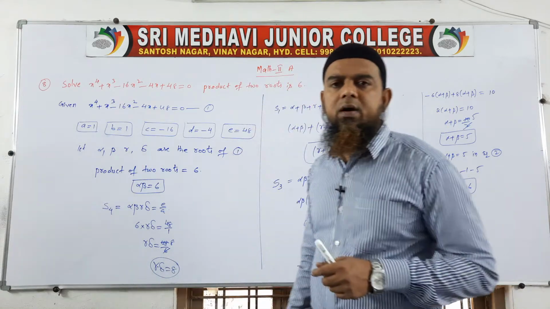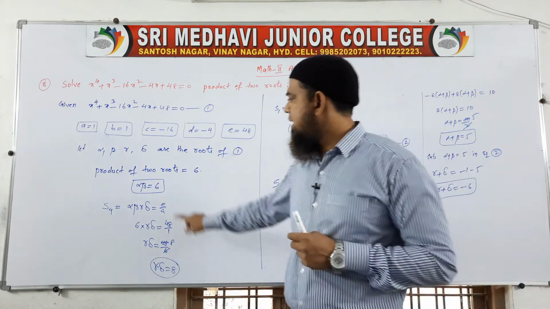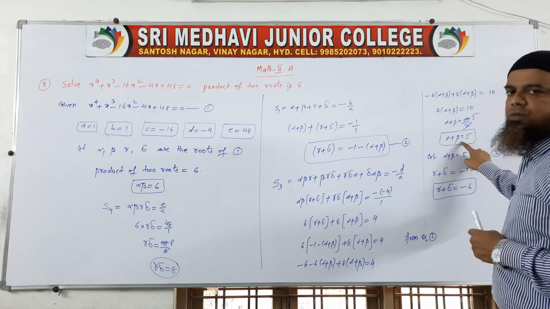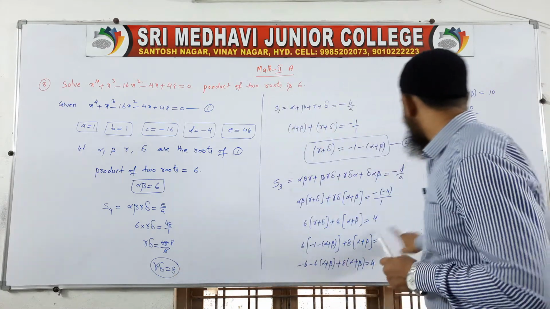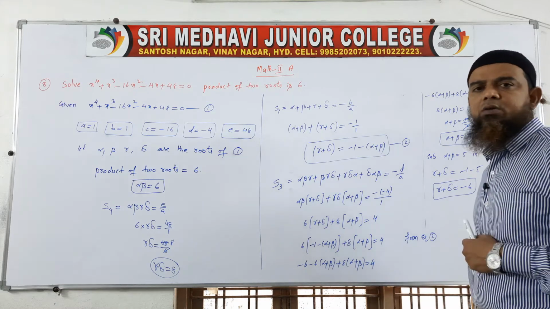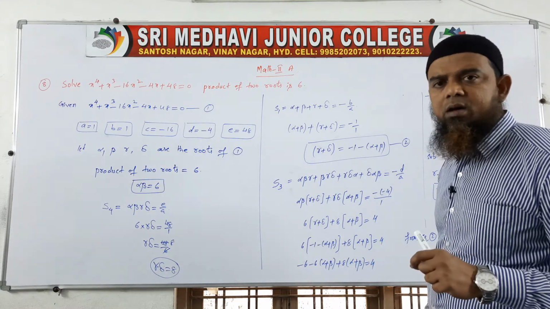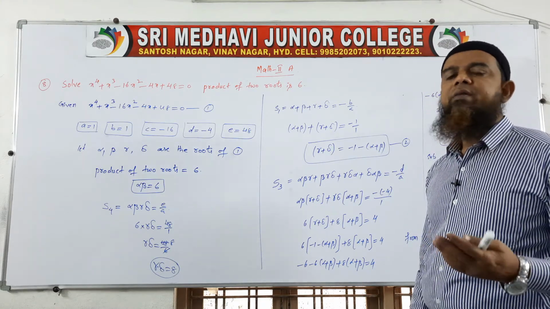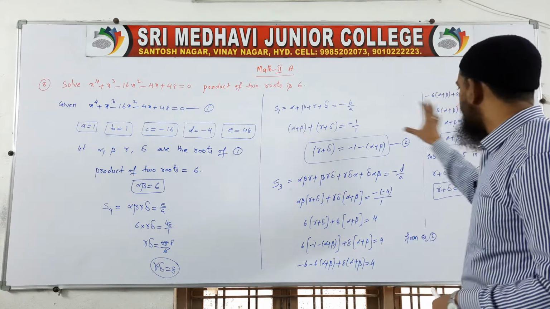For finding a quadratic equation, two things are required: product of the roots and sum of the roots. When the product and sum of the roots are there, we can construct a quadratic polynomial, then it can be split into 2 factors. We can easily find 4 factors. First you note down all these things.